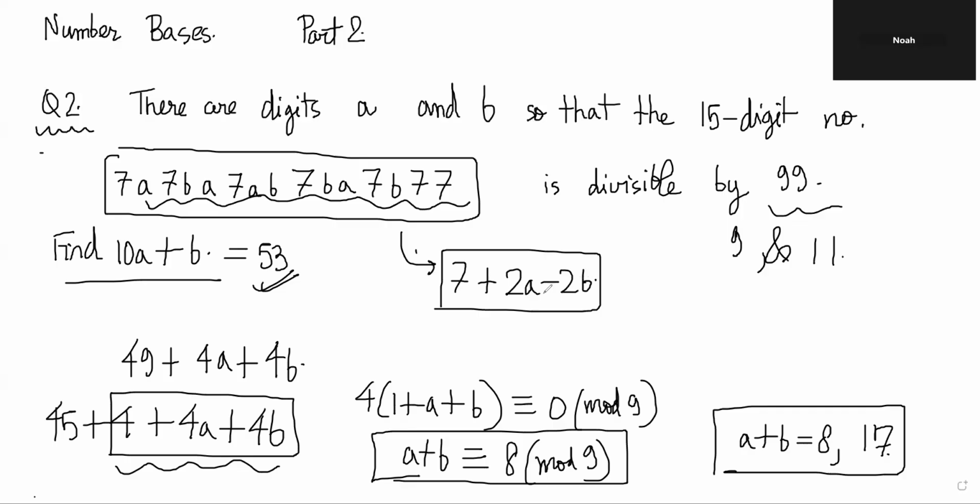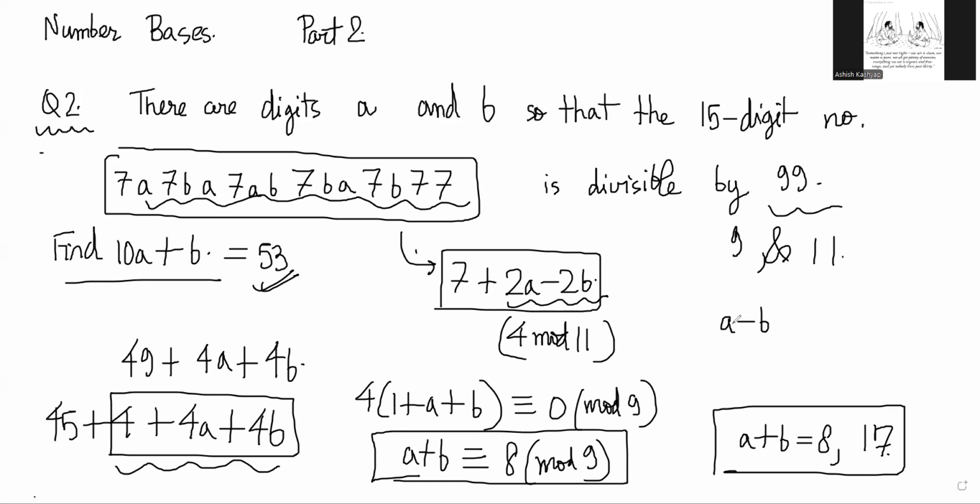So this has to be 4 mod 11, and then I divided the whole equation by 2. You're getting that a minus b can be 2 or minus 9, right? Yeah, 2 or minus 9.